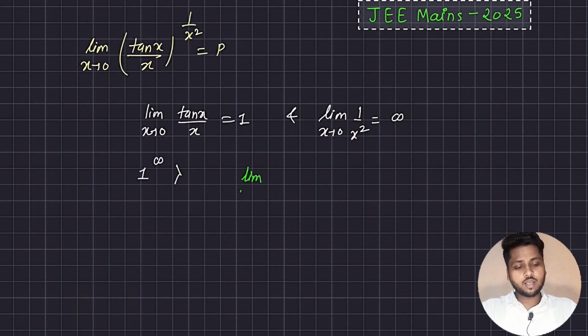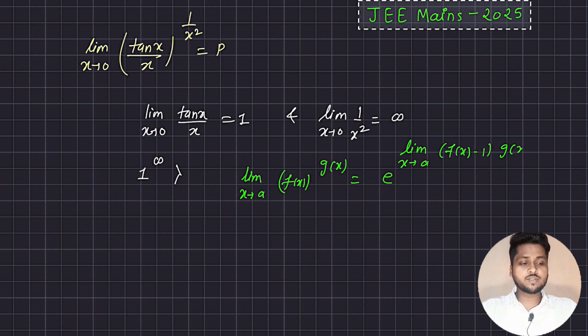In the 1 raised to infinity type, limit x tending to a of f(x) whole power g(x) is equal to e power limit x tending to a of (f(x) minus 1) into g(x). This is the formula to solve the limit.